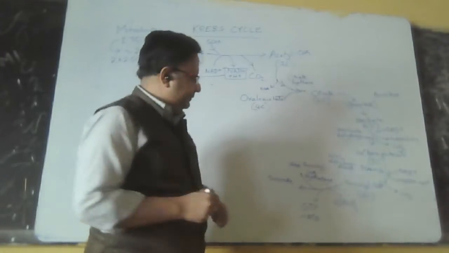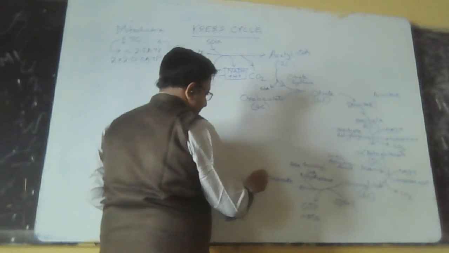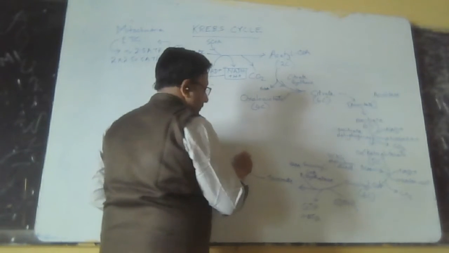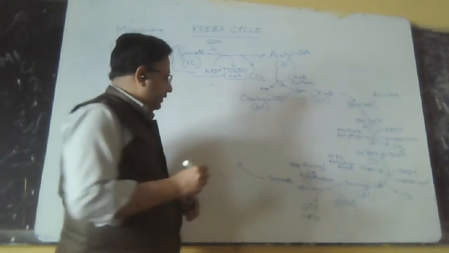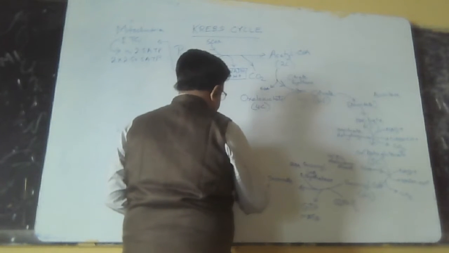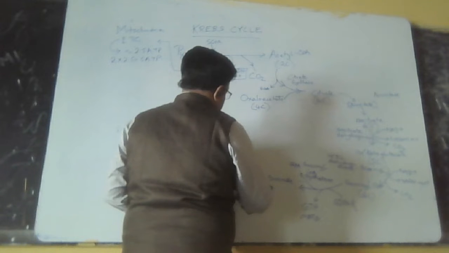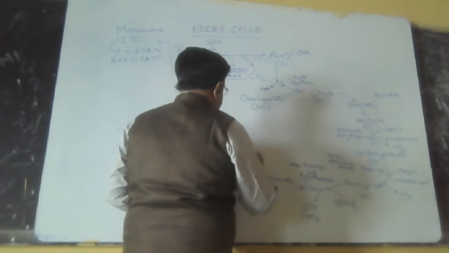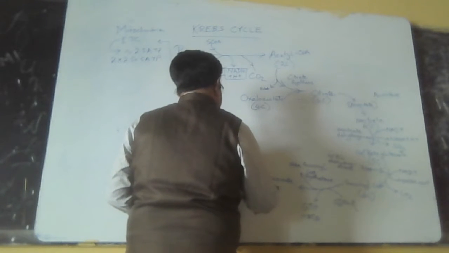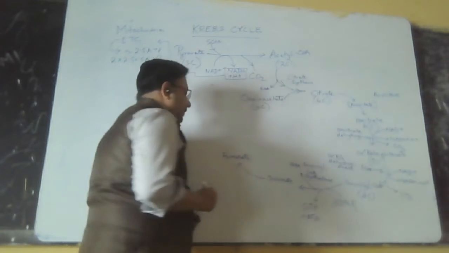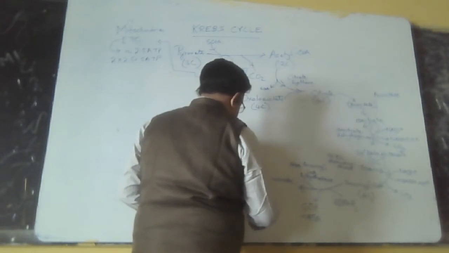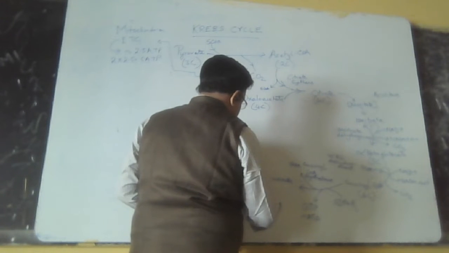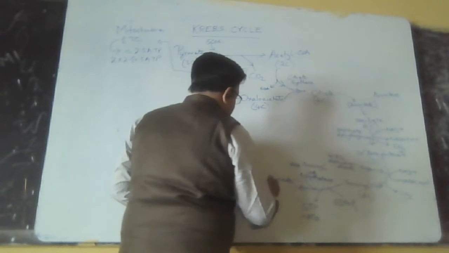Succinate is converted into fumarate by the enzyme fumarase.